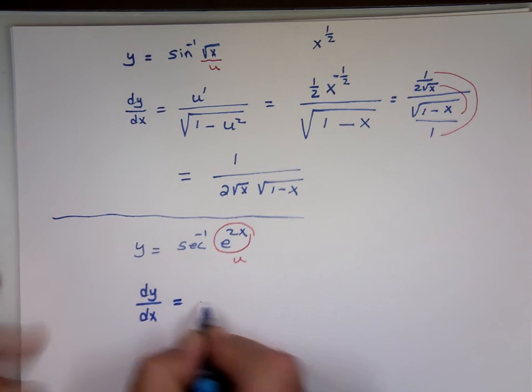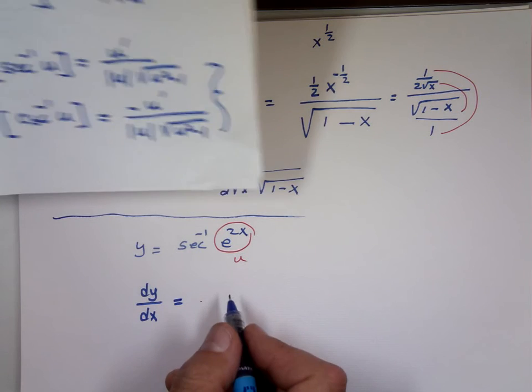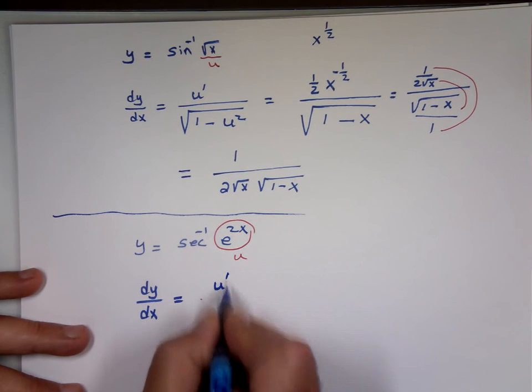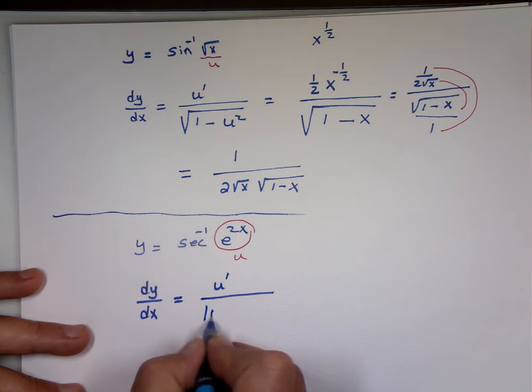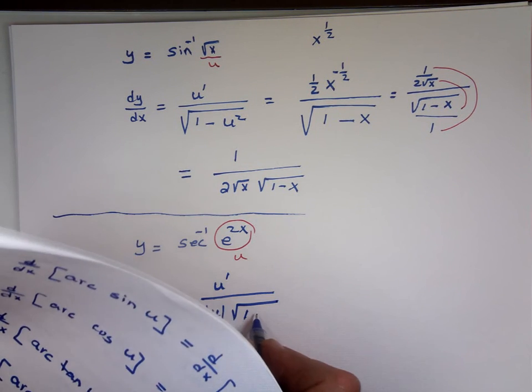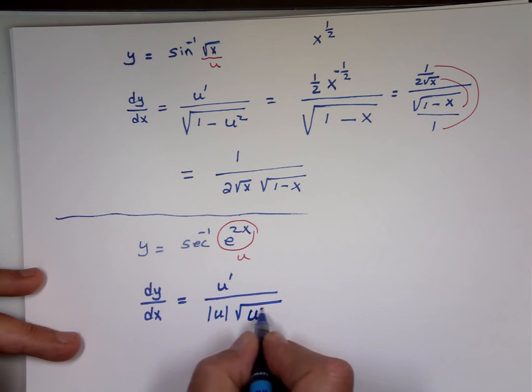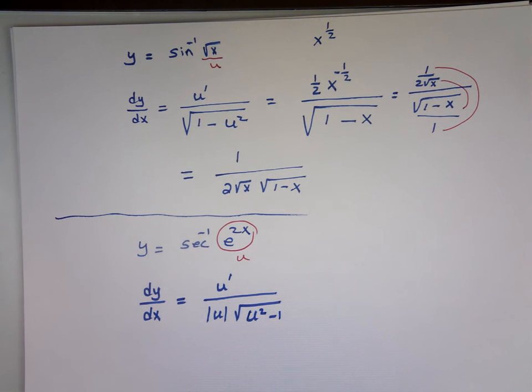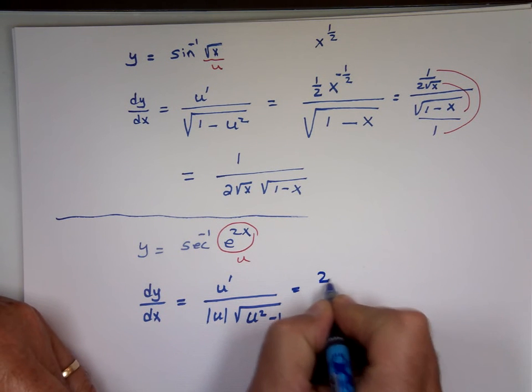According to our book, it's what? u prime over the absolute value of u times the square root of u squared minus 1. What's the derivative of u? 2e to the 2x, very good.